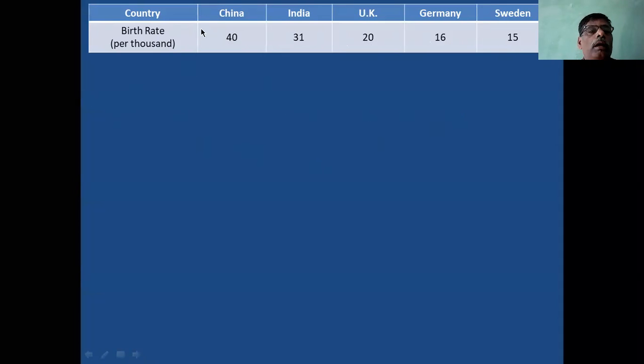Country we show on the x-axis, birth rate we show on the y-axis. On the y-axis, the highest number is 40. 40 units are required on the y-axis. Therefore, it is better to divide the y-axis area up to a maximum of 40 points.